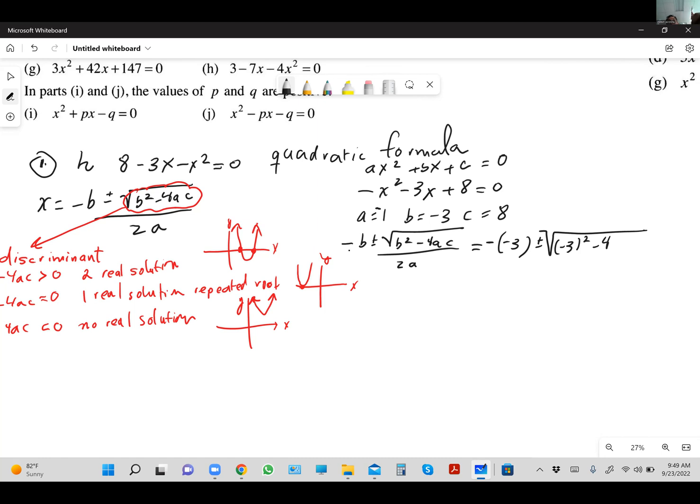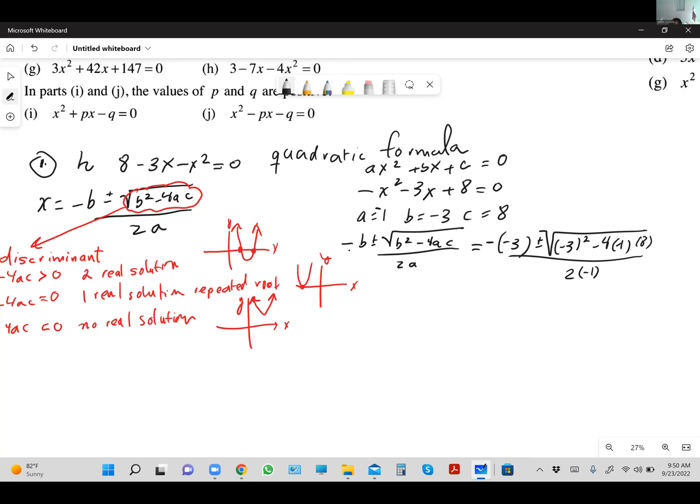Remember, -1, very important. The signs are important. Times -1 times 8. All divided by 2 times -1.